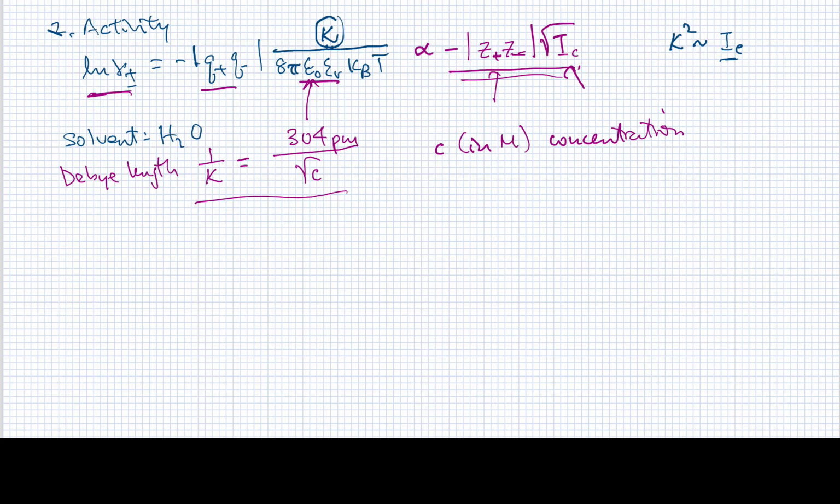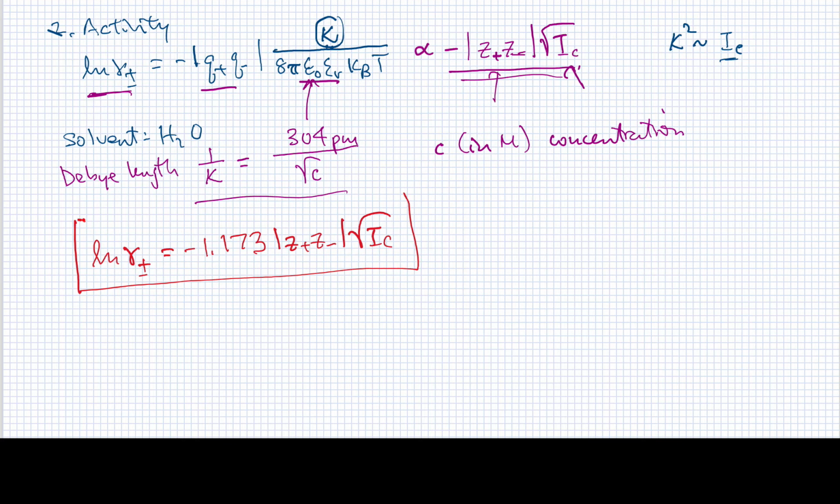However, there's an easier way to do this, and that is for water, one can write that the log of the activity coefficient is equal to minus 1.173 times this product of charge numbers times the square root of the ionic strength. And so this gives us a very handy formula for evaluating these things.